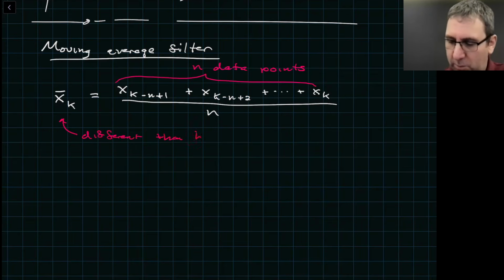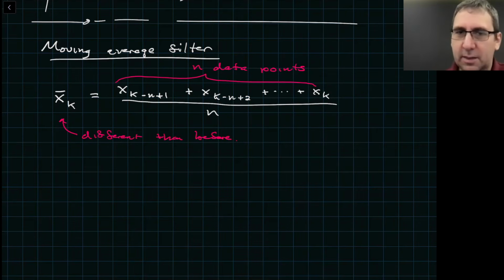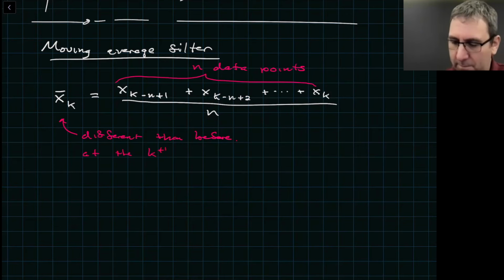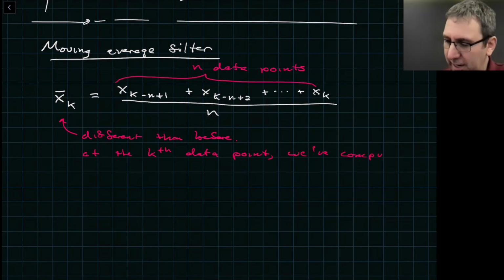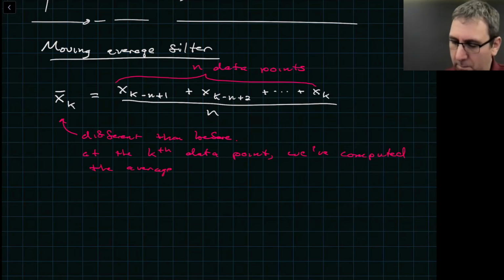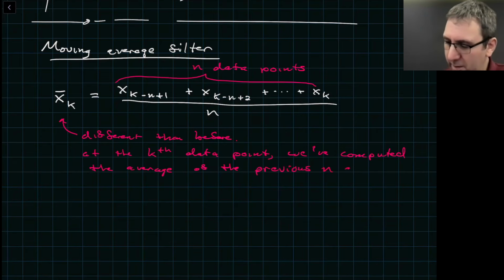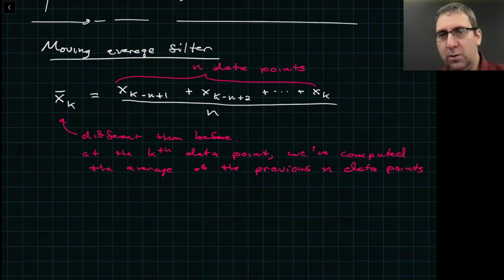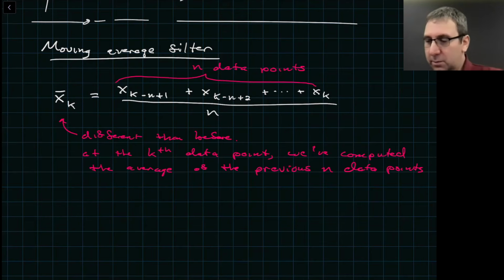This is at the kth data point. We've computed the average of the last n data points, or the previous n data points. It's a moving window, n points, and we're just averaging them. So we don't care about what came before or after.